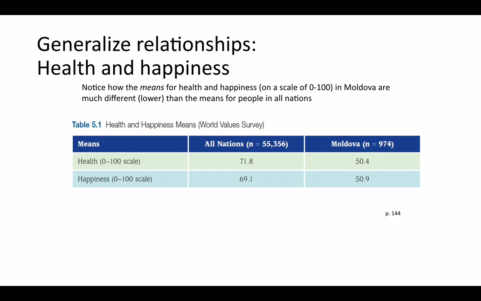If you look at all nations, the average health score is 71.8, while the happiness score is 69.1. For Moldova, it is 50.4 for health and 50.9 for happiness. This is the absolute value. Remember this.